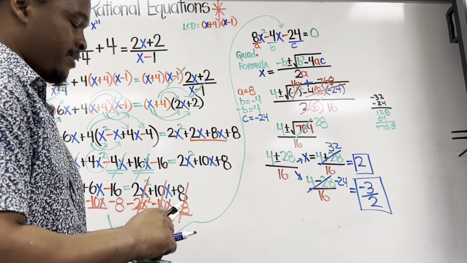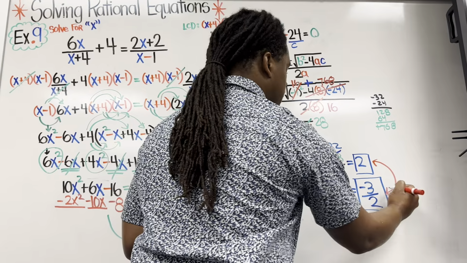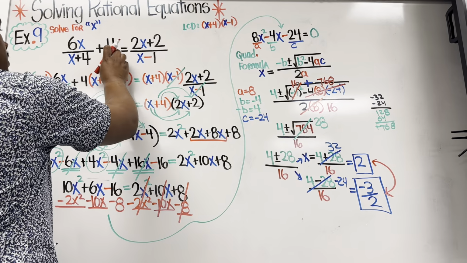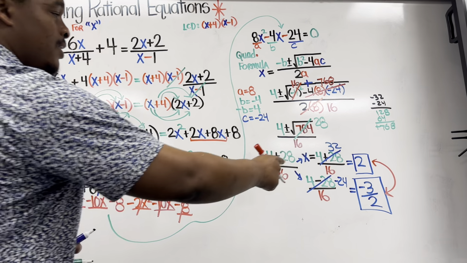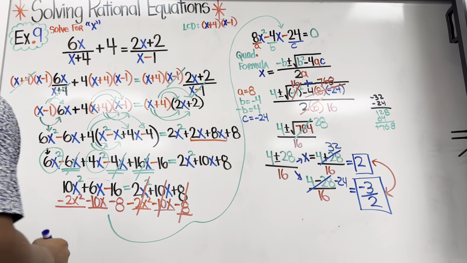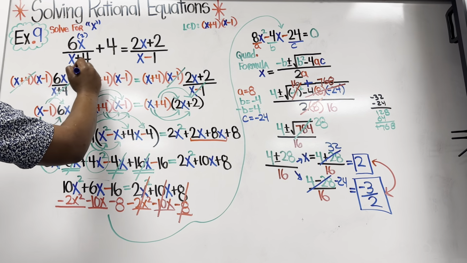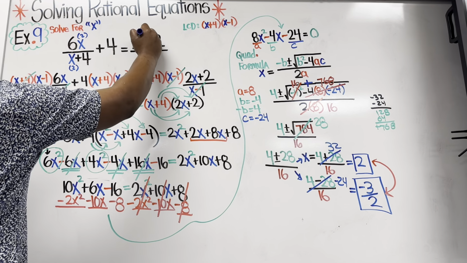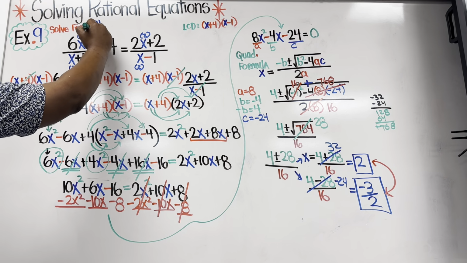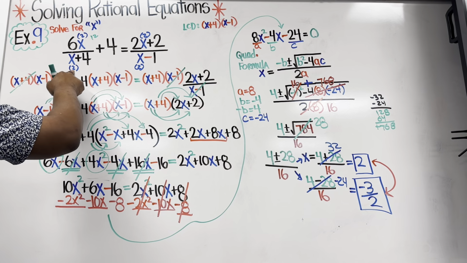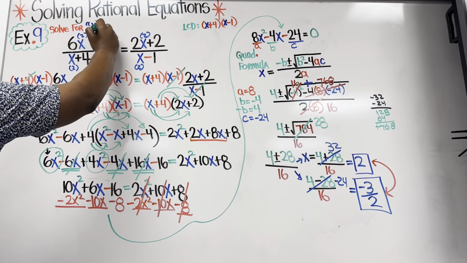So these are the two values of x that, if we plug them into this equation, will make the whole equation true. For example, let's use 2 as x. 6 times 2 is 12, so it'd be 12 at the top. 2 plus 4 is 6, so 12 over 6 is 2.